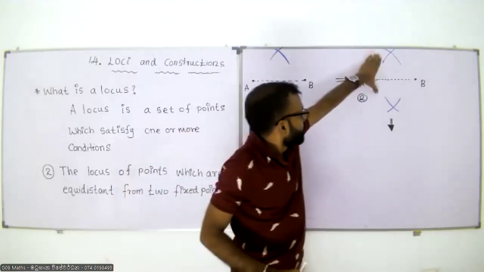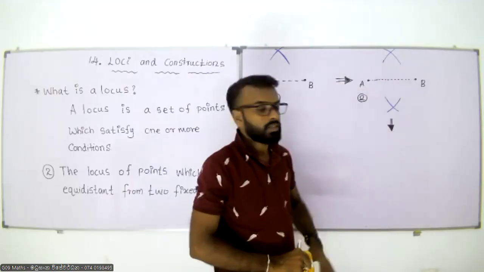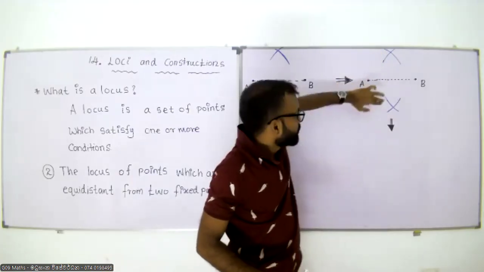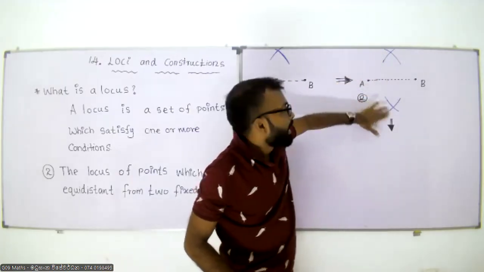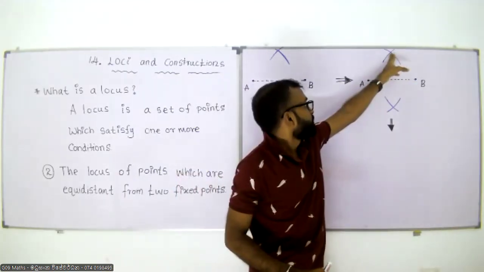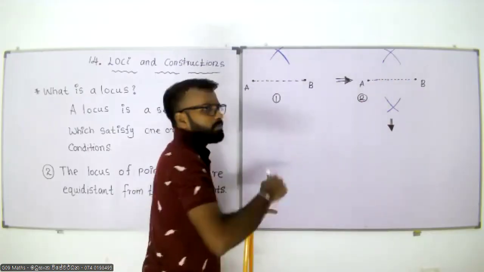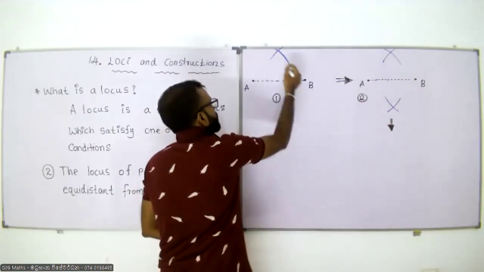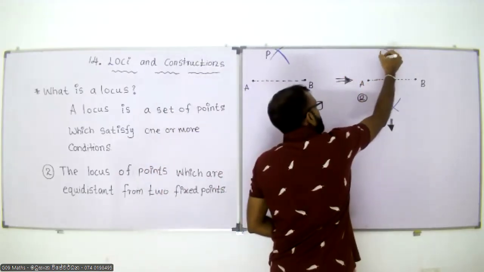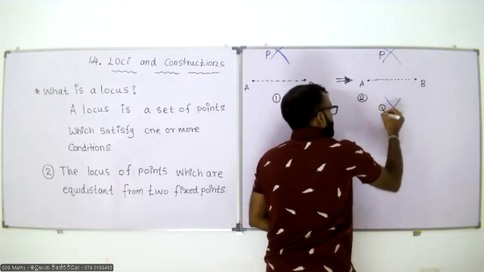Draw the same thing, AB, and do this cross, do this cross, and take your ruler, and join this point and this point. I will name the points. So A, B. I will take this point as P. And I will take this point as Q.